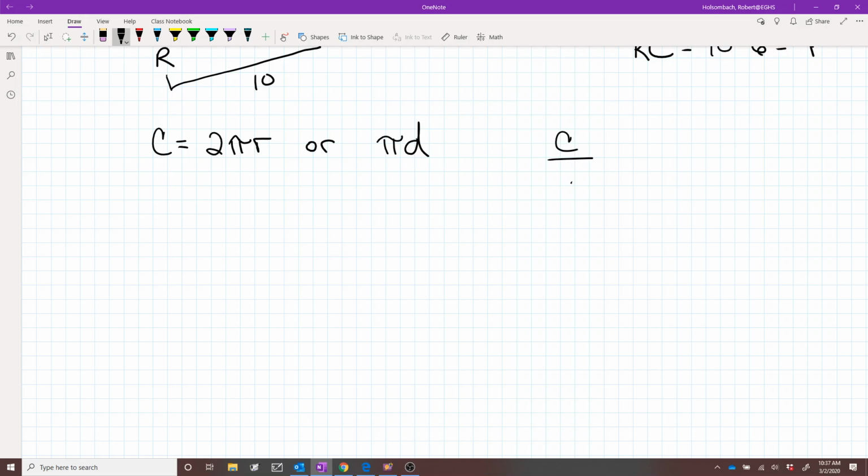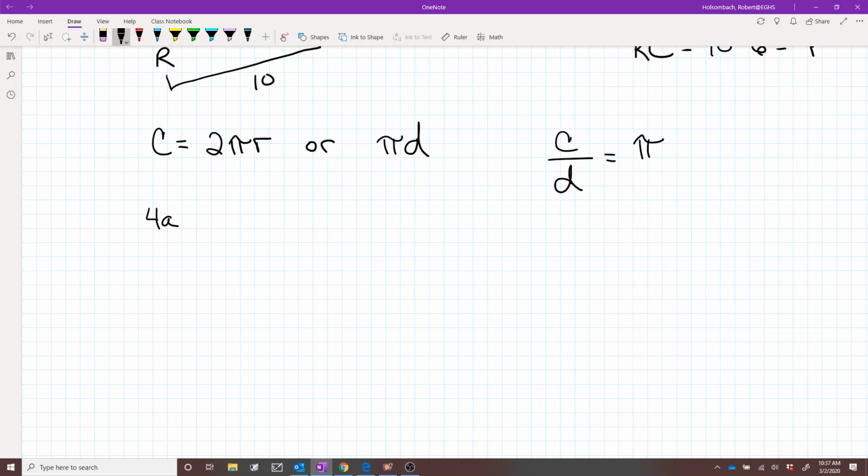Circumference divided by diameter is equal to pi. So there are a couple of practice problems right there for you to do.